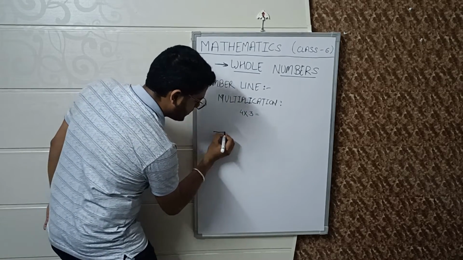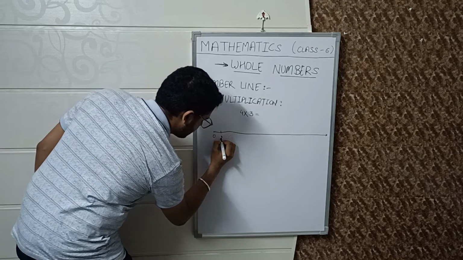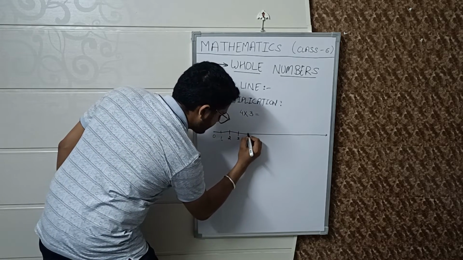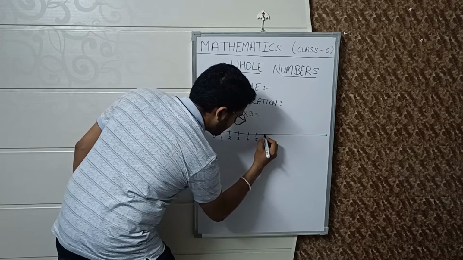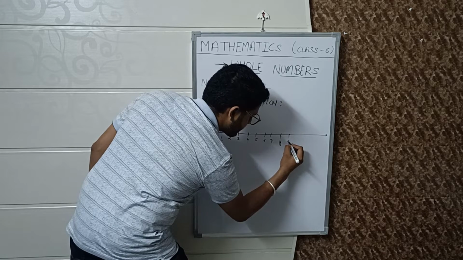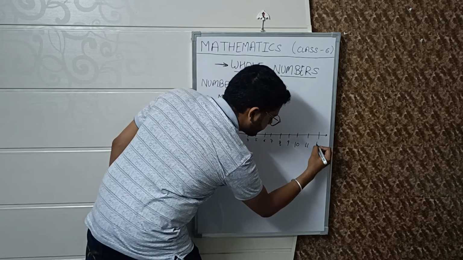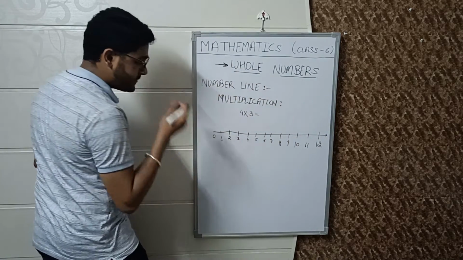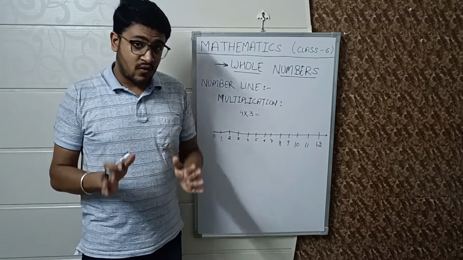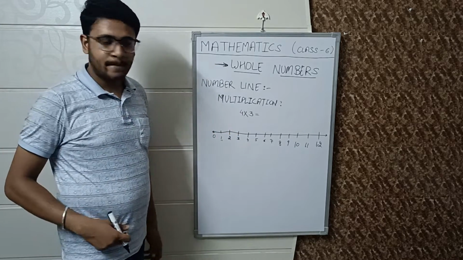Again, we will create one number line, right? So in case of multiplication, what we will do is we will always start with 0, right?